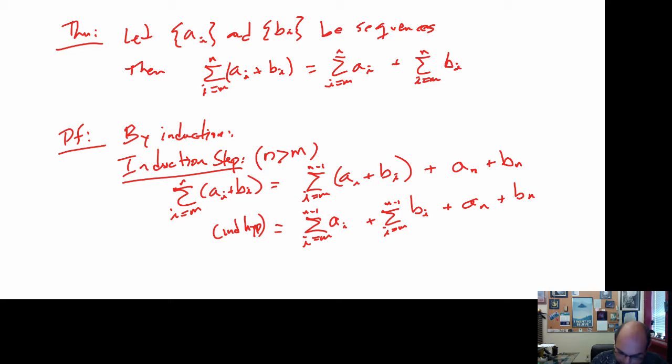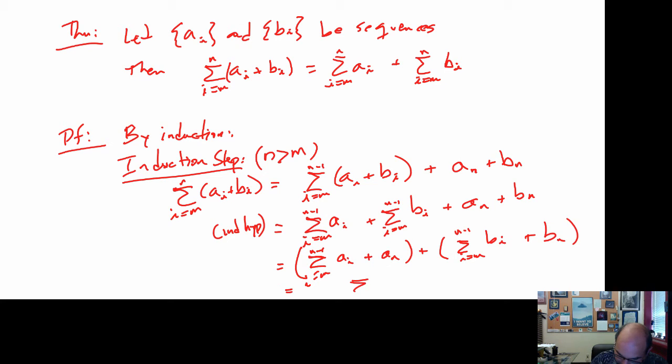Now notice I only have 4 numbers here that I'm adding, so I can actually rearrange them at will, and I get the sum from I equals m to n minus 1 of A sub I plus A sub n plus the sum from I equals m to n minus 1 of B sub I plus B sub n, and of course that's just equal to the sum from I equals m to n of A sub I plus the sum from I equals m to n of B sub I. So we're done. It's QED. Okay, so this is another kind of simple property about series that we can prove by induction.